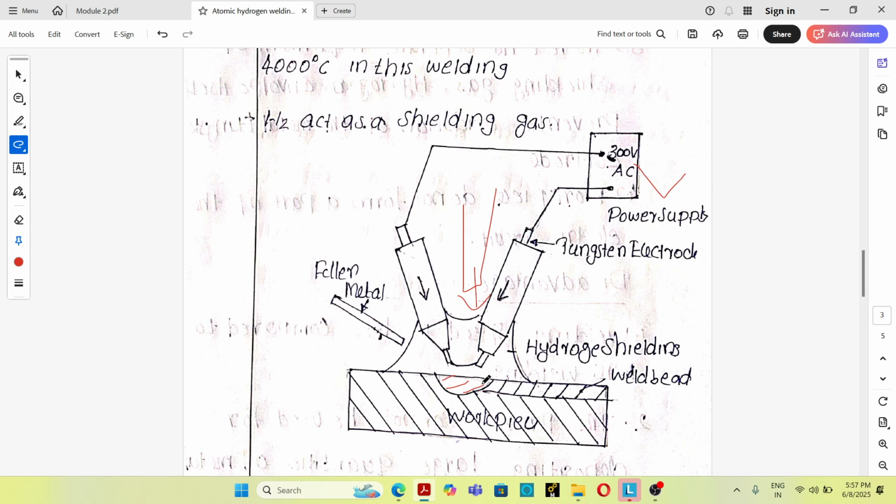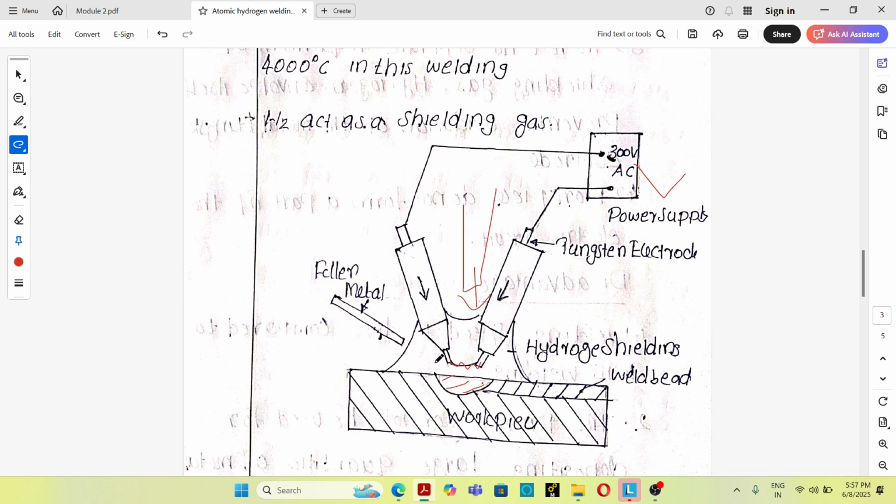So what is happening during the atomic hydrogen welding process? Between these two non-consumable tungsten electrodes, an electric arc will be created. Due to the temperature of the electric arc, the hydrogen surrounding this area undergoes an endothermic reaction, and hydrogen molecules are converted into hydrogen ions, H plus and H minus.